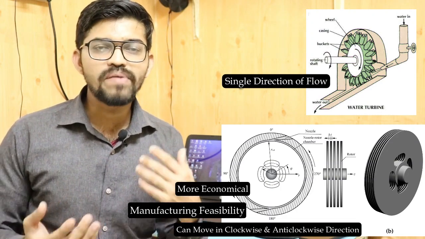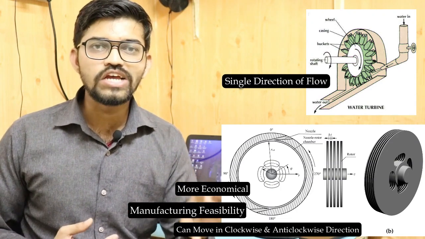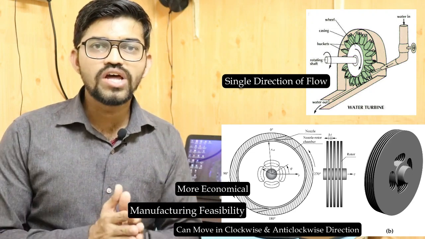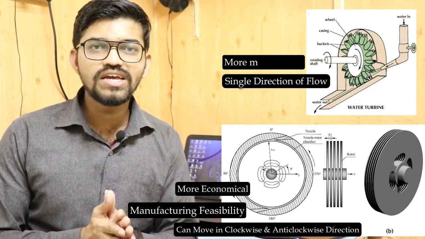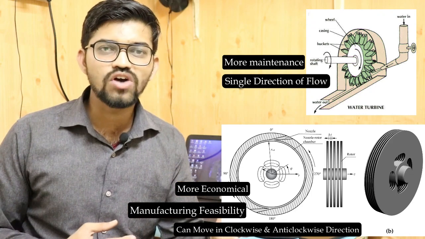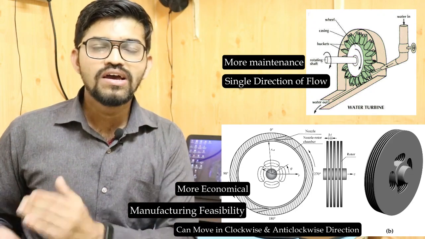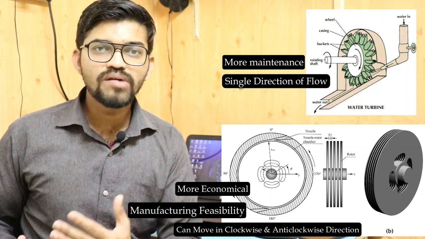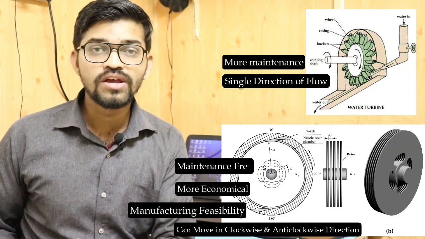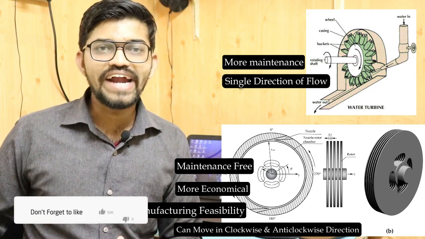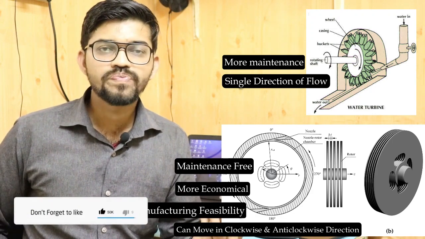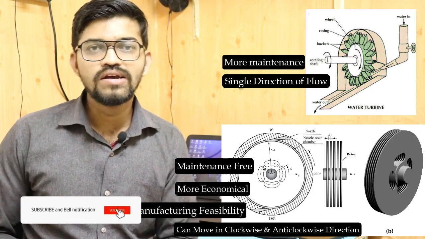Also, due to the abrasive particles in conventional turbines, the maintenance activity is greater, but the Tesla turbine is maintenance free. That is another added advantage of this Tesla turbine.